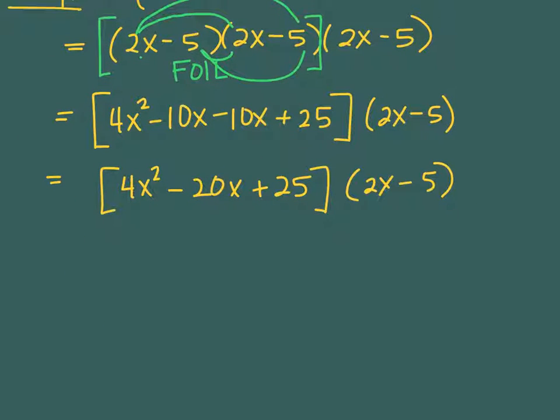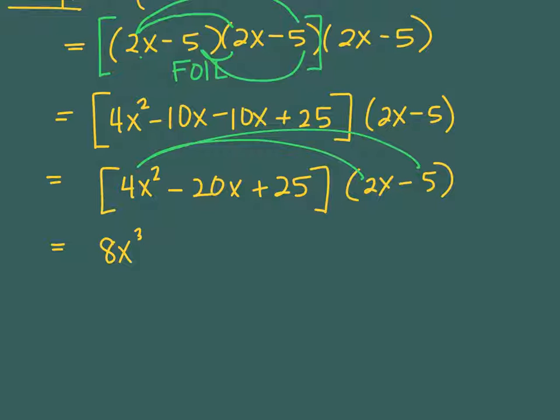Is everybody with me so far on the regular FOIL part? Okay, superFOIL. We start with 4x squared, and it goes to both of those terms. So 4x squared all the way to 2x is going to give me 8x cubed.